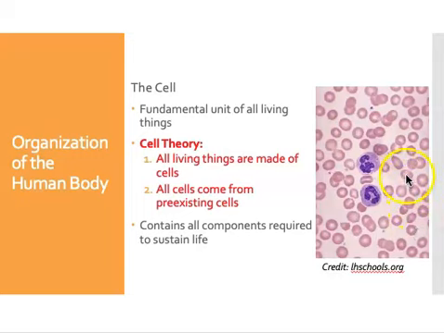You can see that they have an indentation in the center that appears a little more lightly colored than the rest of the cell. The larger cells in the center of the slide are white blood cells. There are two of them, and they stain more darkly. These happen to be neutrophils, which are one of the several types of white blood cells that we find in animals.